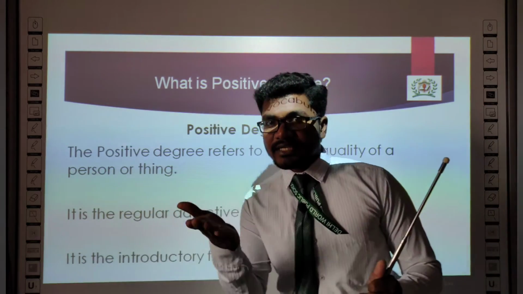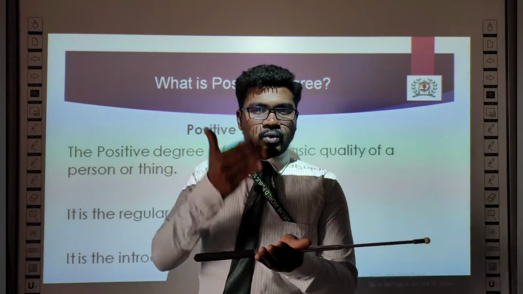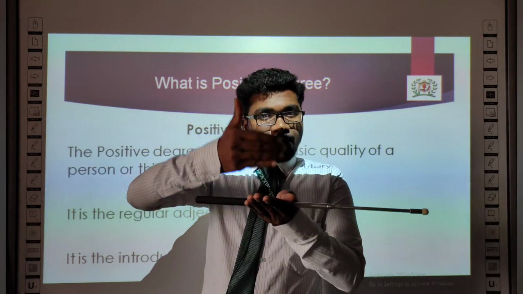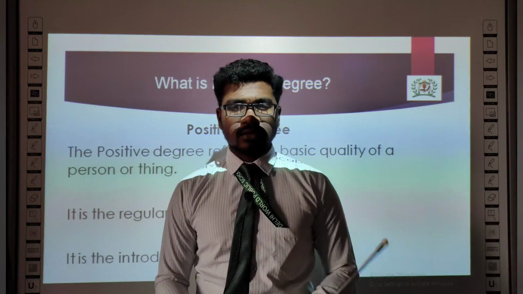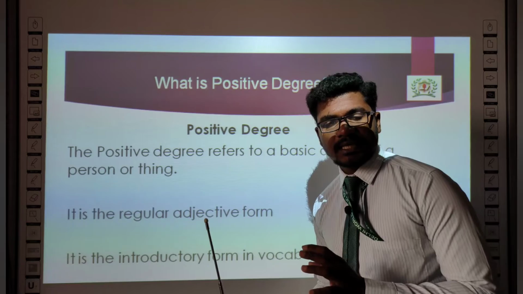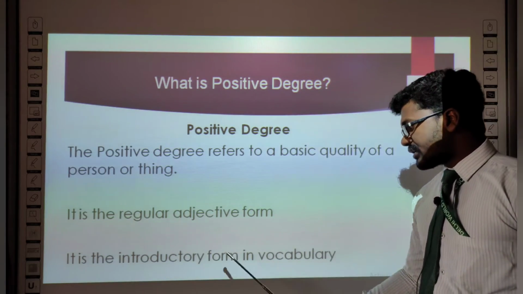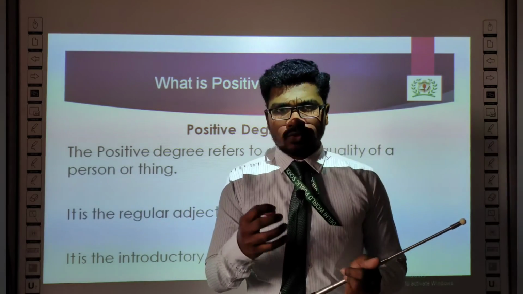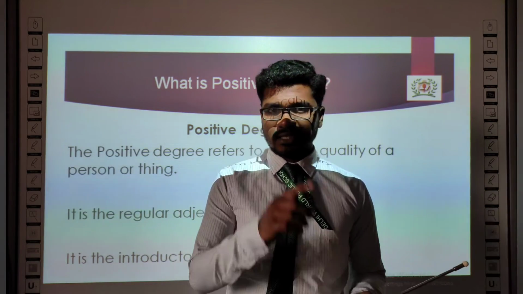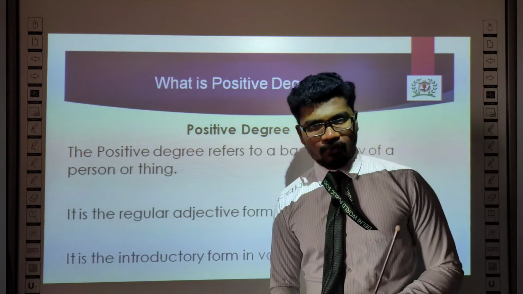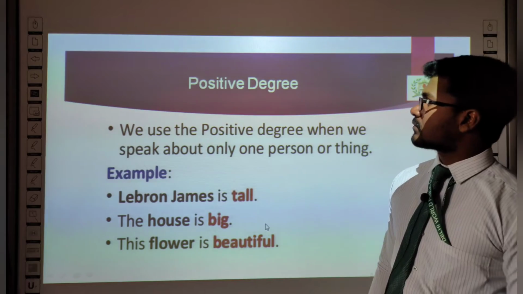Yes or no? Whatever word comes, it comes above good, not below good. This we say is the base form. It is the introductory form in the vocabulary. So first form, second form, third form, we say, right? It is the first form.